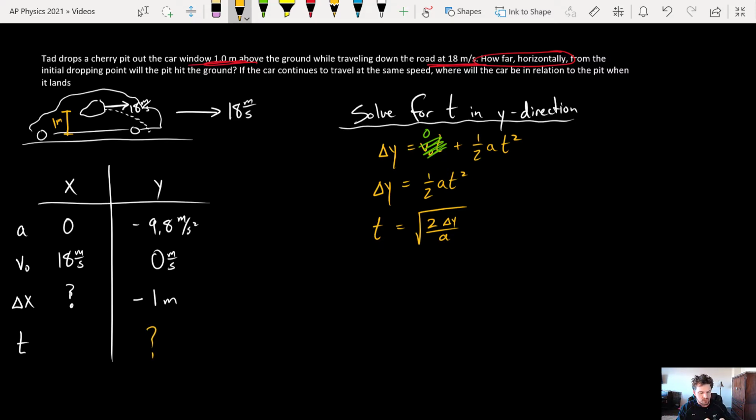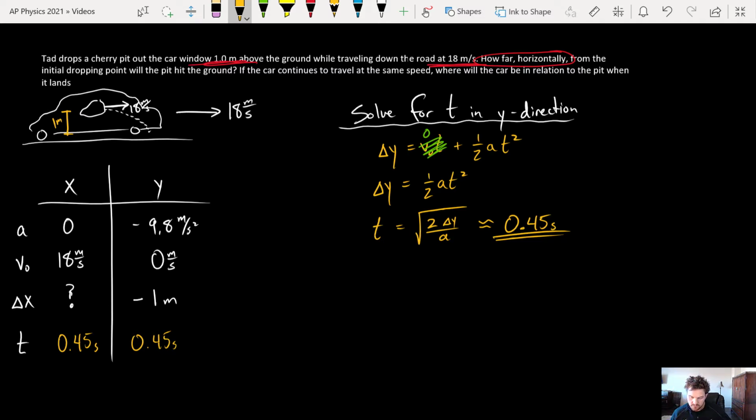This is 2 over 9.8, which is about 0.2, and then I can square root that, to give me the time it takes to land on the ground, about 0.45 seconds. And 0.45 is the same in both of my columns.